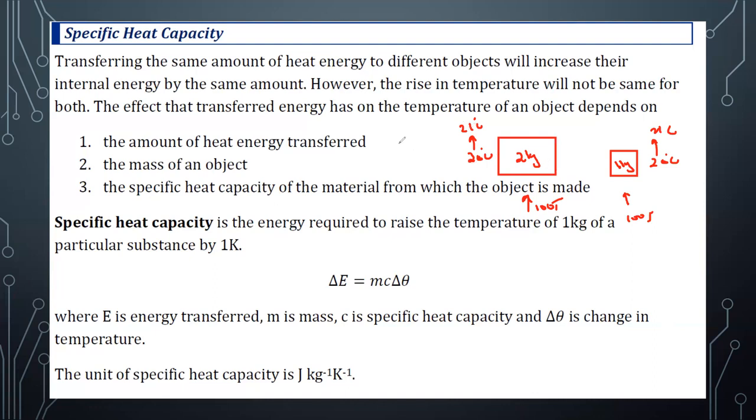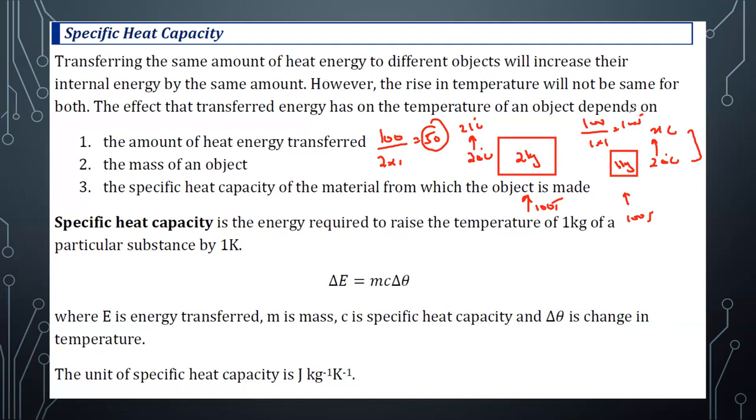So when we supply 100 joules, that causes a change in temperature by 1 degree for 2 kilogram. So the specific heat capacity will be 100 divided by 2 into 1, which equals 50. But when we calculate for the second object, that is 100 divided by 1 into 1, so that is 100 joules per kilogram degree centigrade.